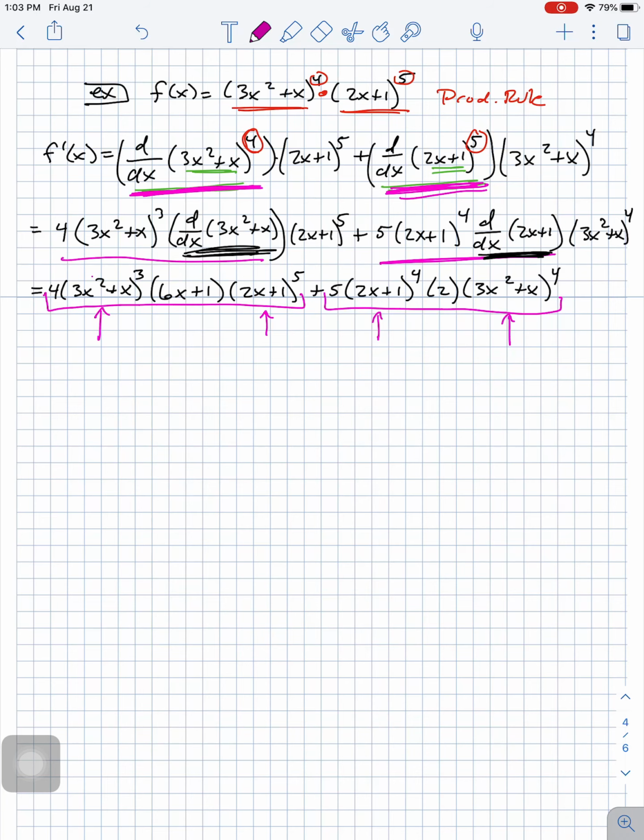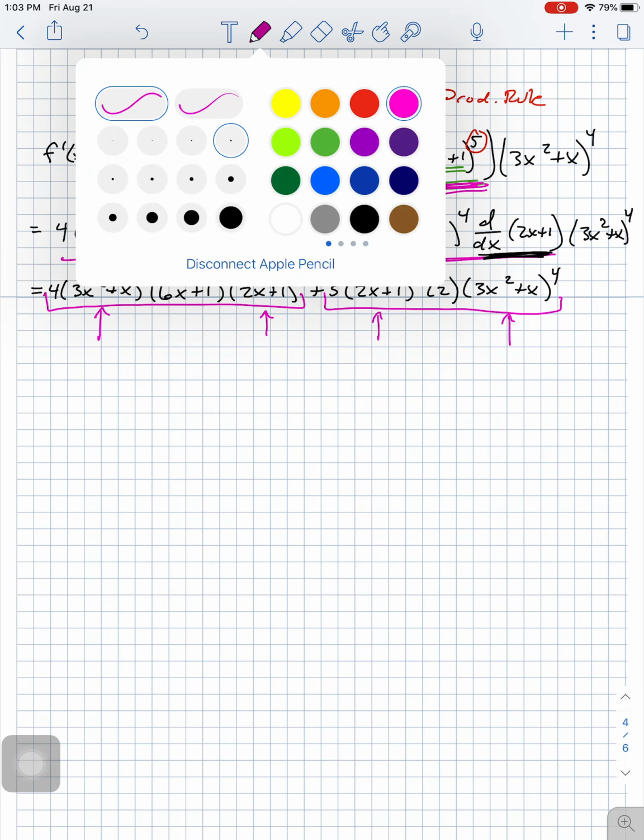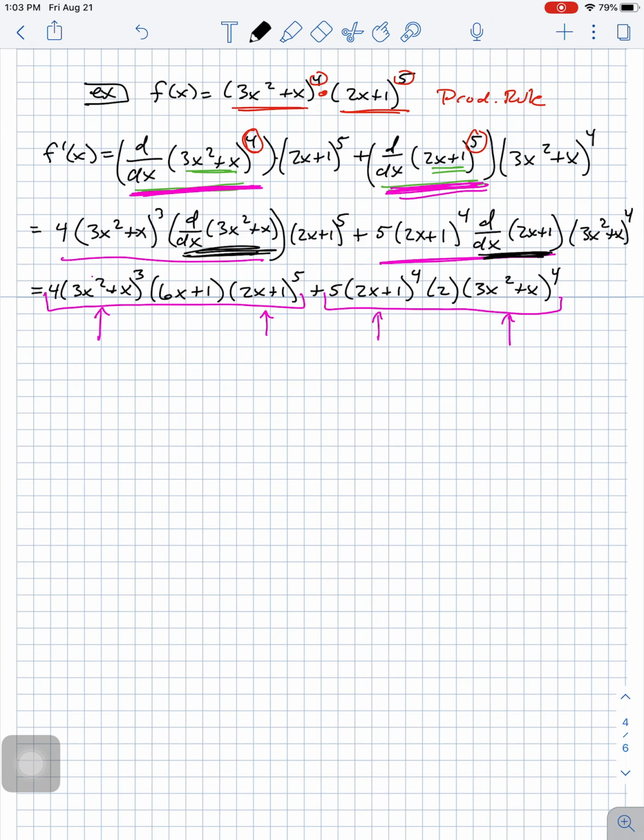They also have a factor of 2, but let's start with those guys and see what happens. So I'm going to pull out (3x^2 + x)^3, because this has 3 to give, this has 4, so 3 is the max I can pull out. And then my (2x + 1)s, this has 5 to give and this has 4, so I can only pull out 4.